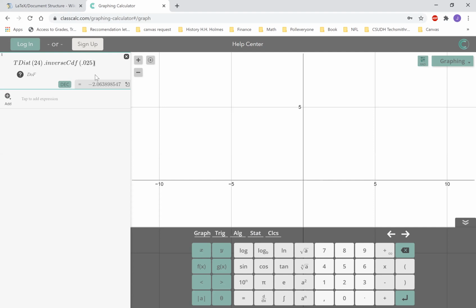But for this one, just ignore the negative and always do the positive. Whenever you get the T value, just ignore the negative and make it into a positive. All right. Any question on how to get the T value using ClassCalc?